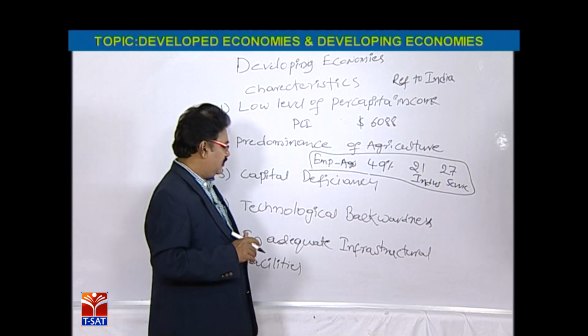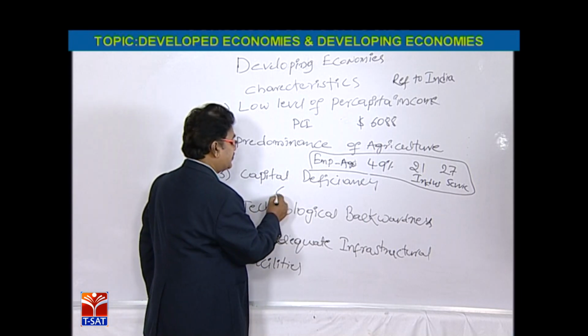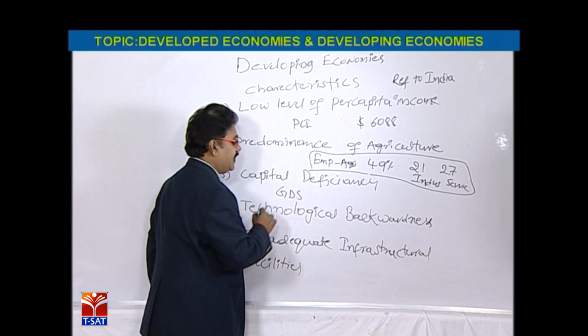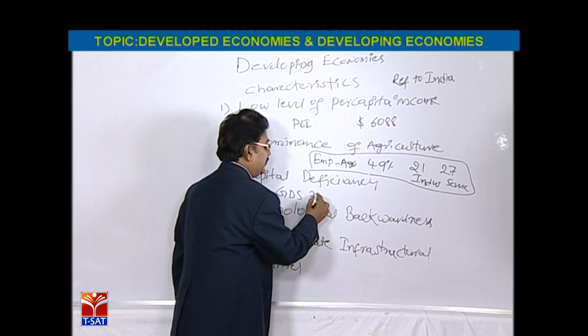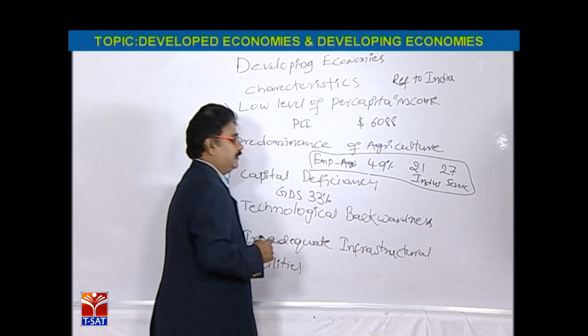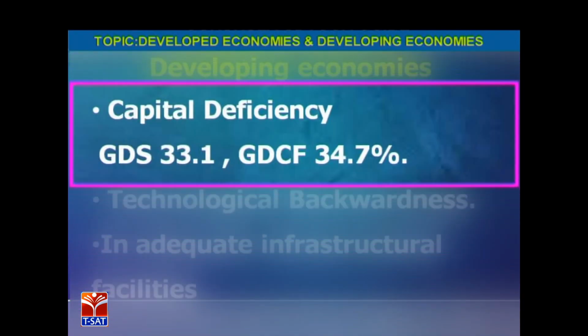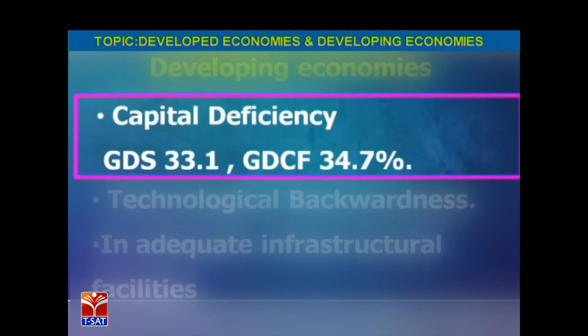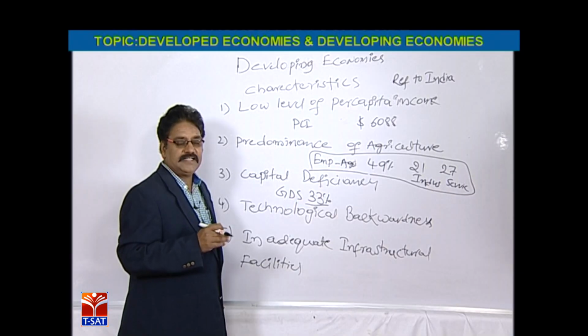In that way, if we observe in India, the gross domestic saving of India is almost 33.5, 33.4. We can make it a round figure. GDS is around 33% of GDP or GNI, gross national income.